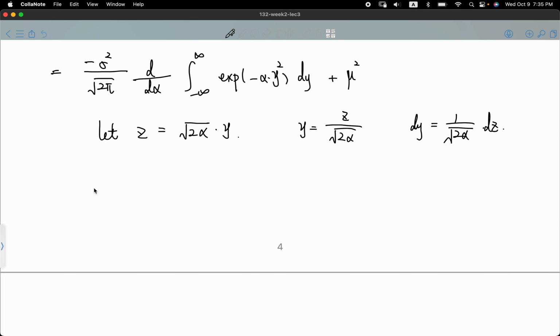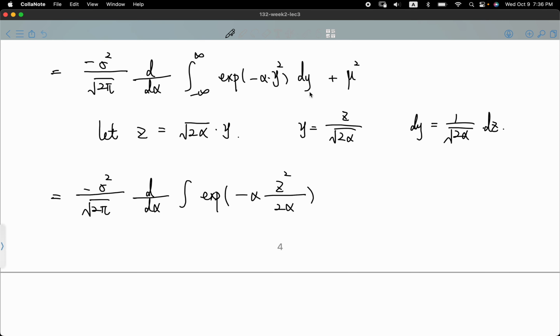Okay, so now let's change the component here. So let's see, y squared. So you will have z squared over 2 alpha.